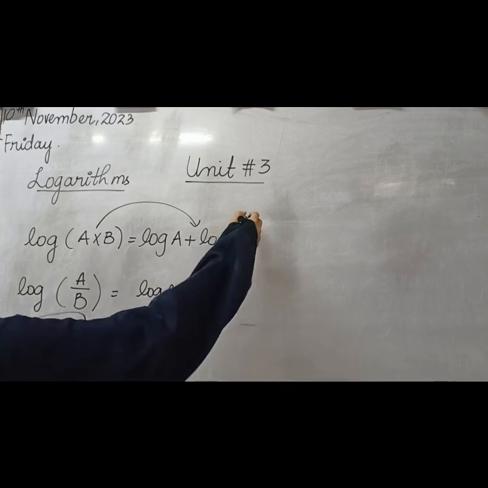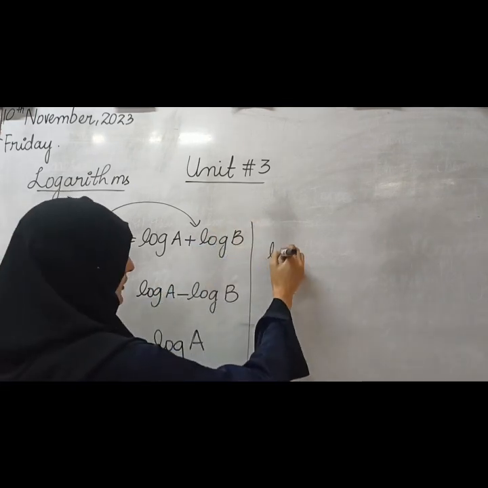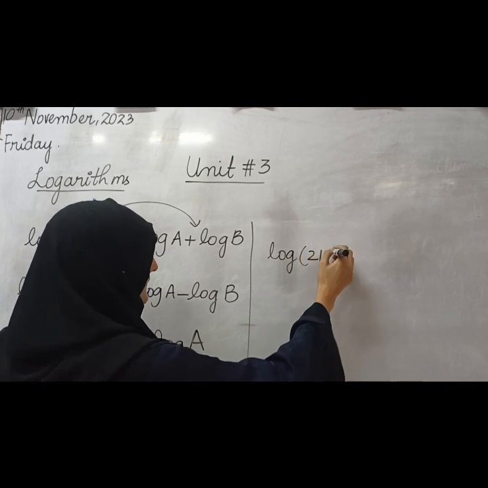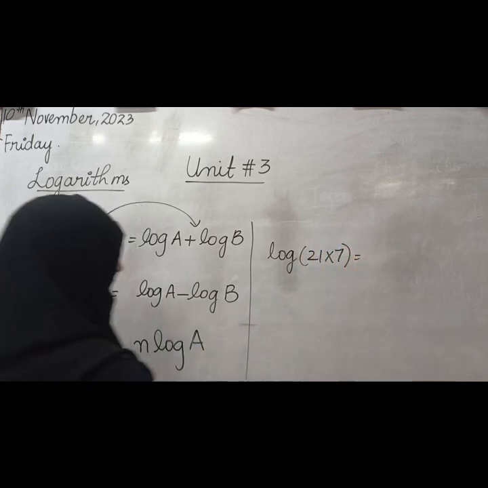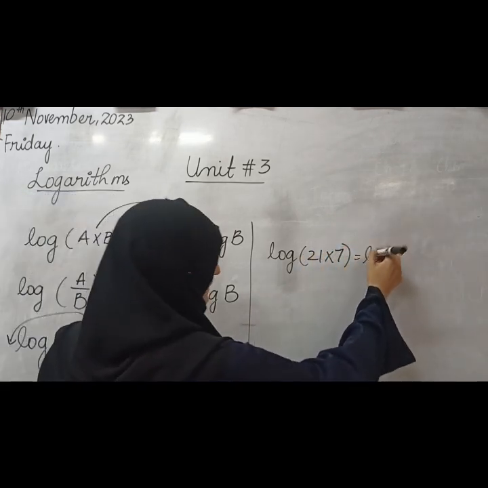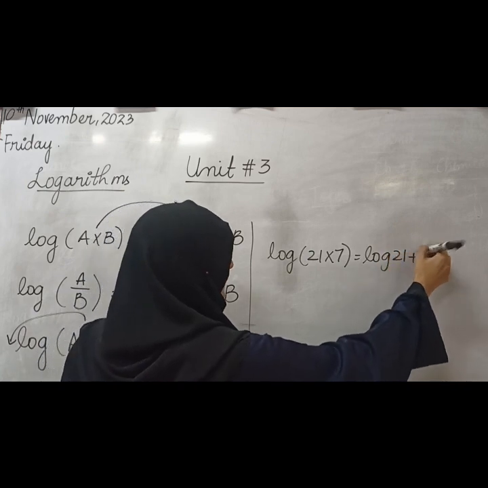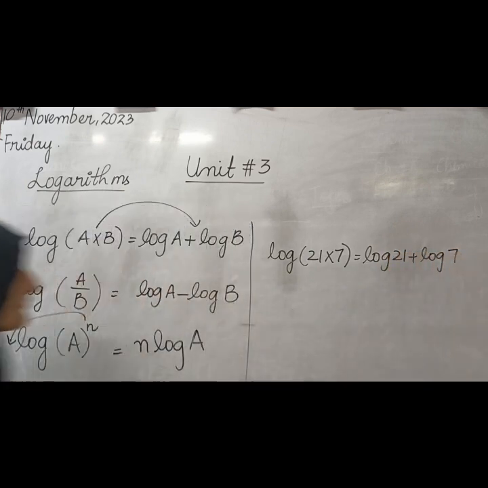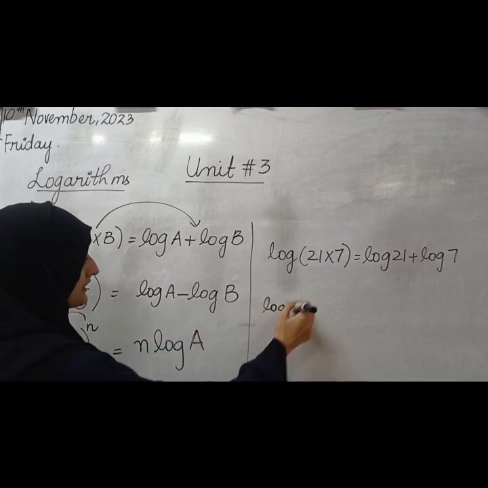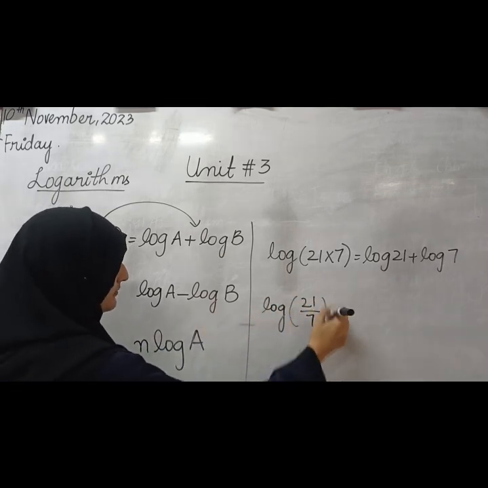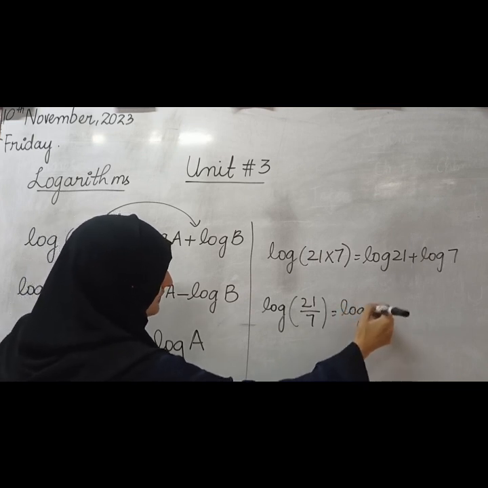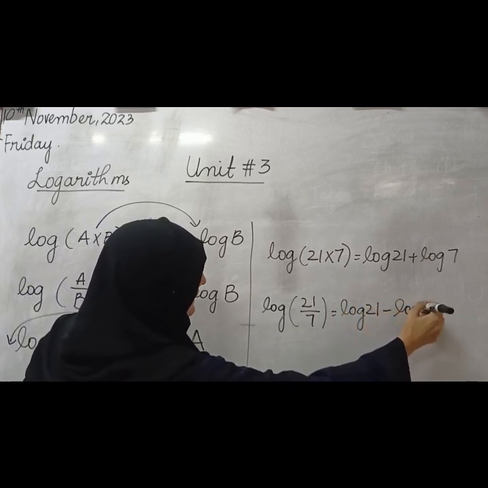Now see the examples. For example, if I have log of 21 multiplies 7, it can be written as log of 21 plus log of 7. And if I have log of 21 over 7, it can be written as log of 21 minus log of 7.